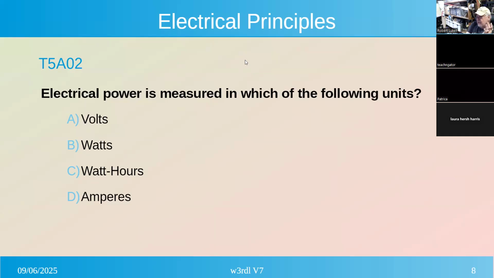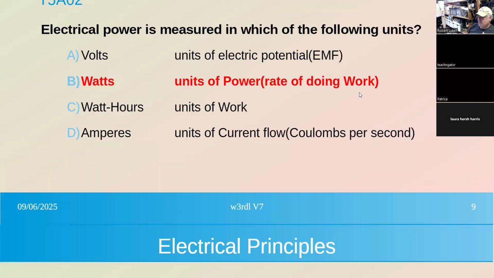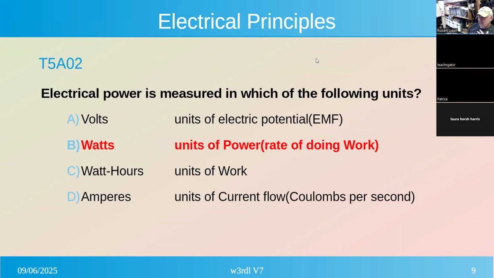Electrical power is measured in which of the following units? Watts. Bravo. Okay. It's the rate. Remember, power is the rate of doing work, and it's measured in watts.